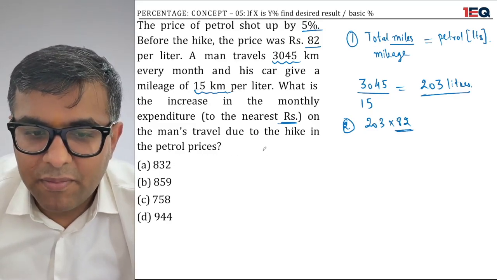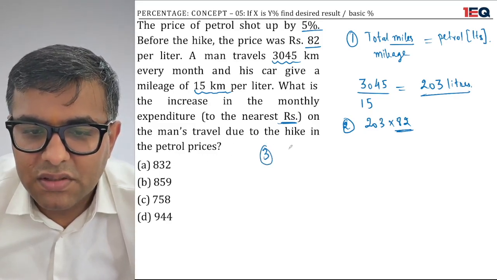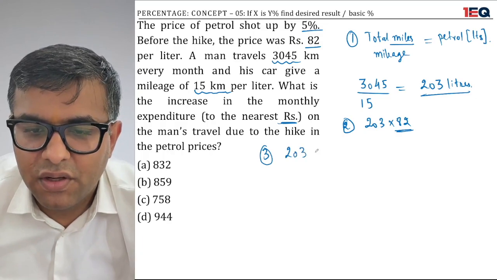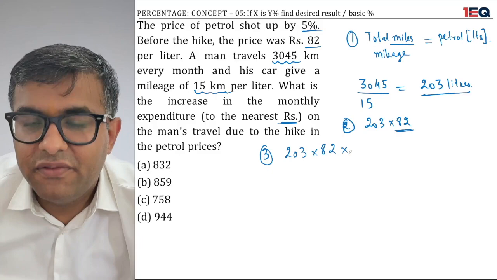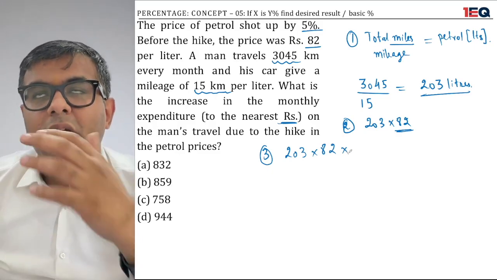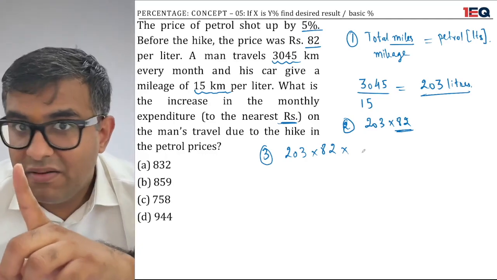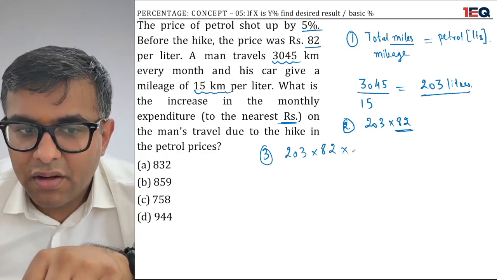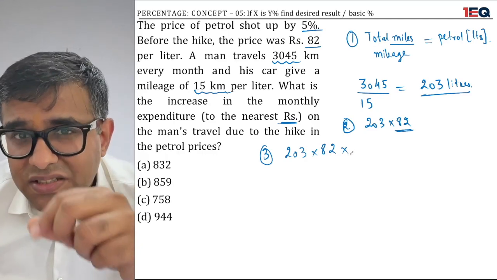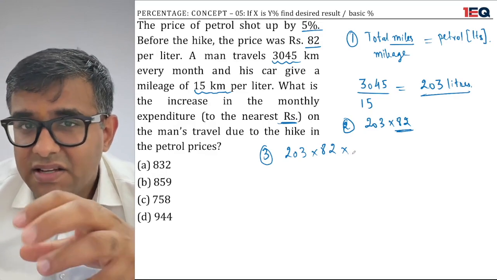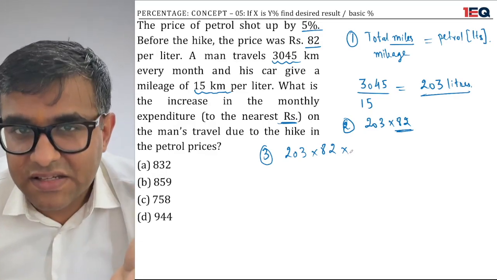In my third step, what I have to do is multiply 203 with 82, and give it a 5% increase. If I'm supposed to give something a 5% increase, I have to multiply it by 105. But here, we just have to tell how much money has increased. It is not asking me what is the new final expenditure.